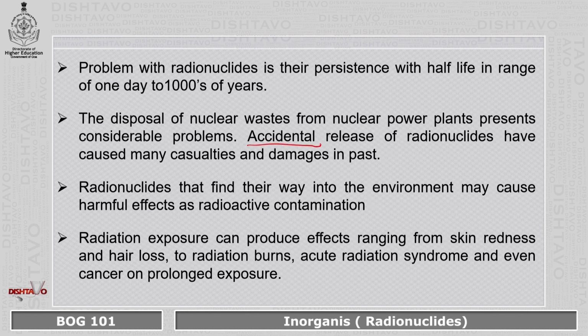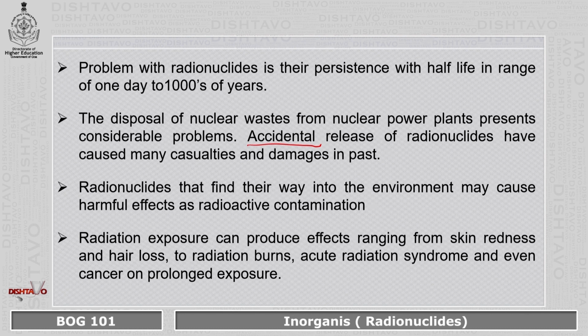Accidents of nuclear power plants, for example Chernobyl disaster, Fukushima disaster, you must have all heard about. So they cause accidental release of these radioactive materials from these plants, and then they can cause serious casualties and damages, and it has occurred in the past.